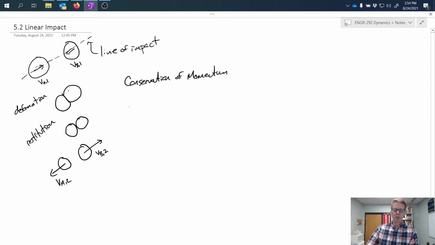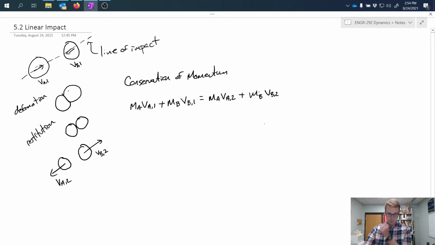And I'm going to write out the equation that I think would describe this scenario. So we have momentum of the first, momentum of the second, and that has to be equal to the momentum of the first after collision and the momentum of the second after the collision.